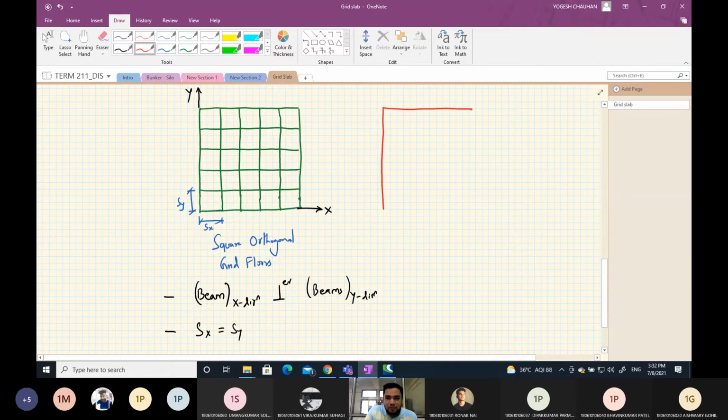In a rectangular grid floor, the beams are also orthogonal to each other, but here the spacing will be different in both the directions.